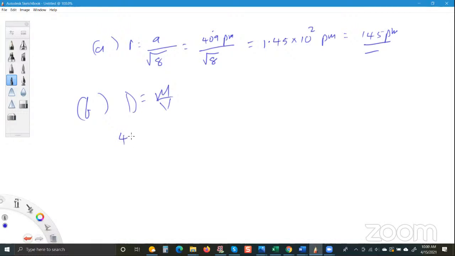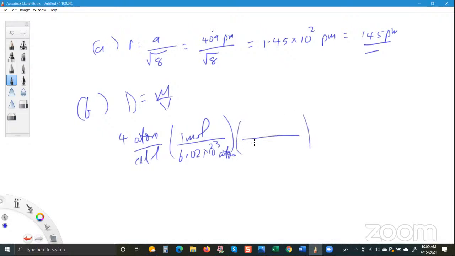And the density, of course, we get it as we did before. So we start off with 4 atoms per cell because it's face-centered cubic. And we multiply that by 1 mole divided by Avogadro's number atoms. And then the next is where we use the molar mass, so 1 mole.